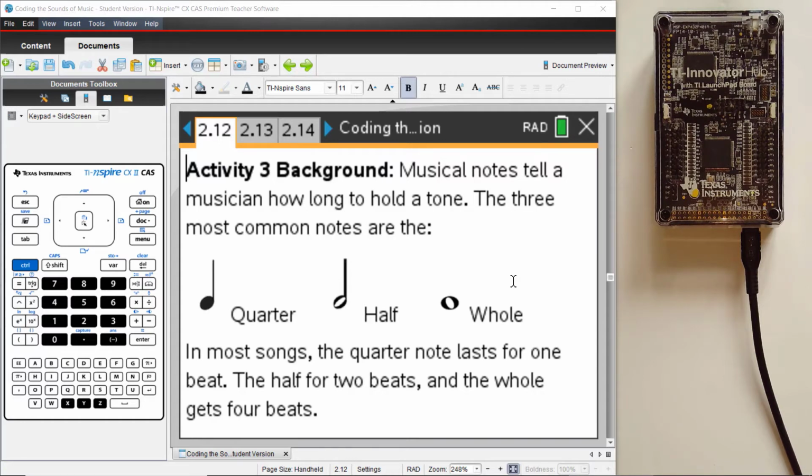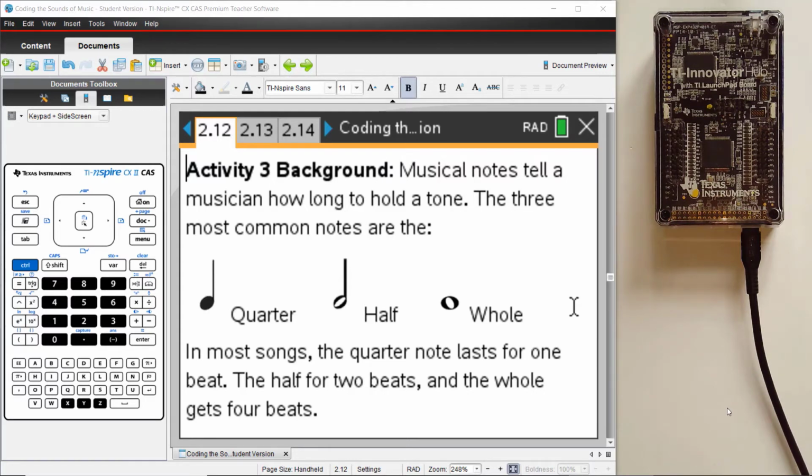The composer and the musicians know that the different notes, quarter, half, and whole, each get a certain number of beats. And since we can calculate how long a beat lasts, we can also calculate how long a particular note lasts. And so it's the note that tells the musician how long to play a particular tone.